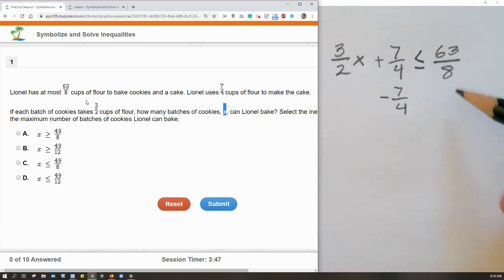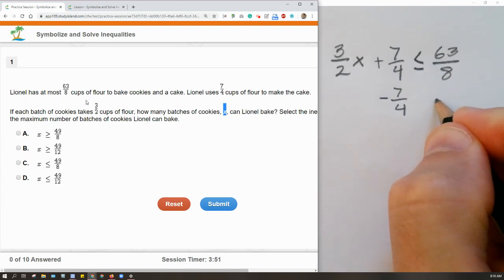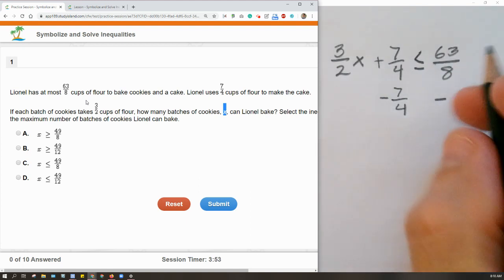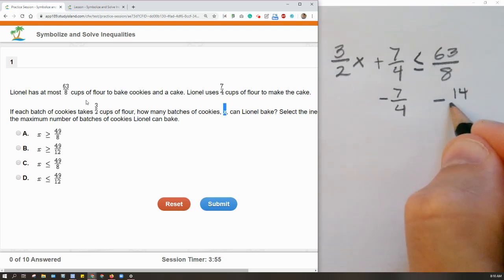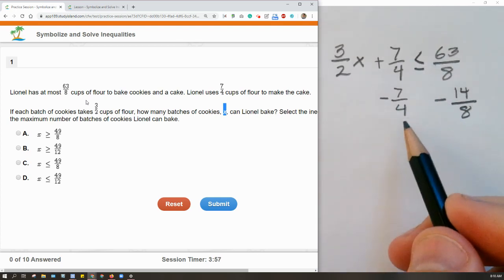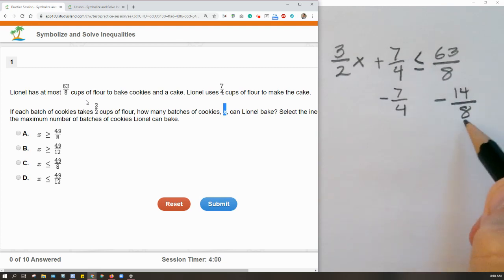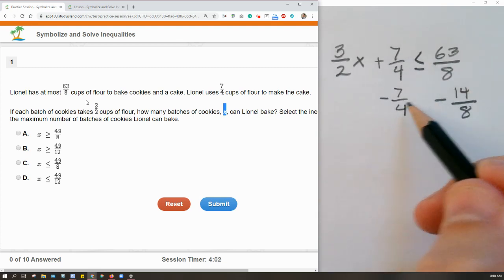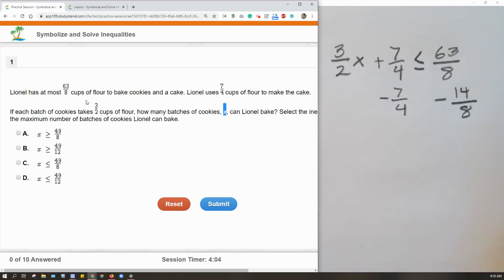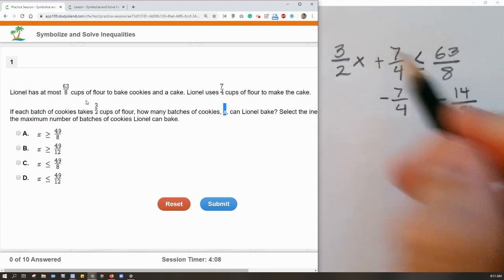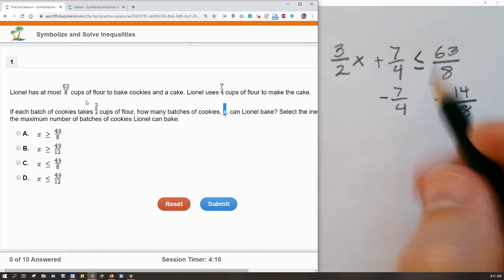Now, if I'm subtracting fractions, they have to have common denominators. So I'm not going to subtract 7/4. I'm actually going to subtract an equivalent amount, 14/8. If I multiply 7/4 by 2/2, then I get 14/8. So subtracting 7/4 and subtracting 14/8 is the same amount, but now I've got denominators of 8 on the right side, and I can subtract these appropriately. So what's my new inequality?